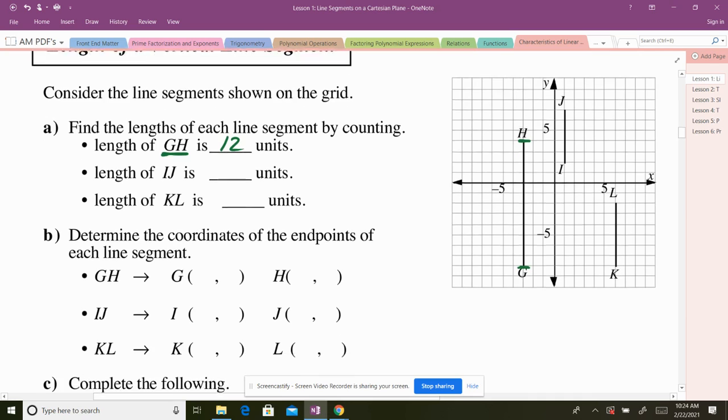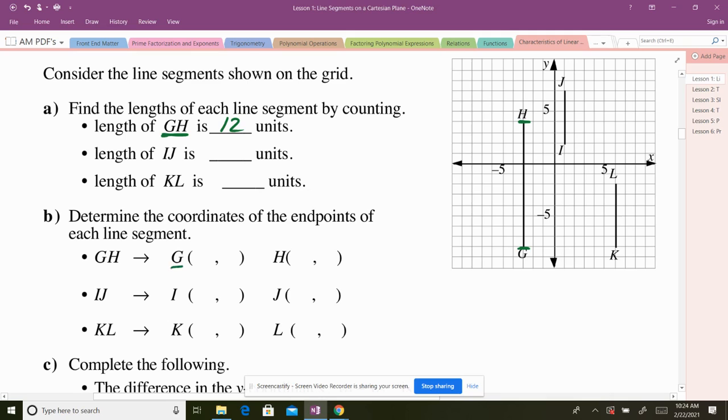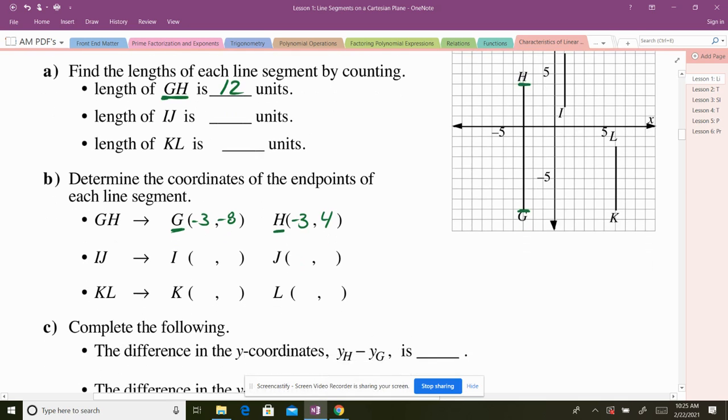Now, if I asked you to give me the coordinates of G and the coordinates of H. What are the coordinates of G? -3, -8. Close though. What about H? -3 and 4.